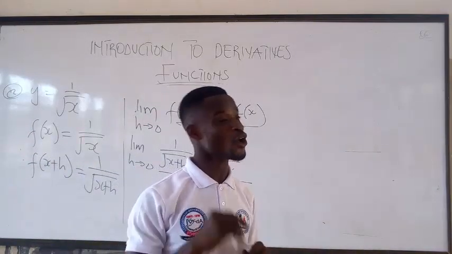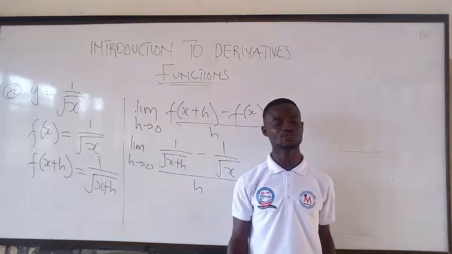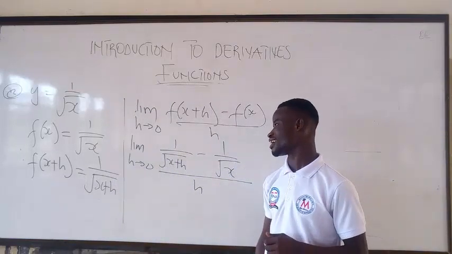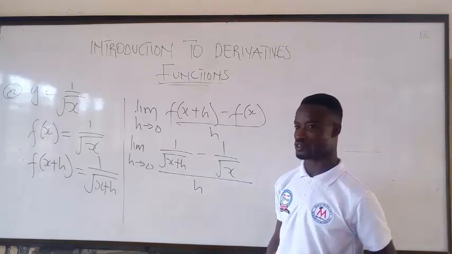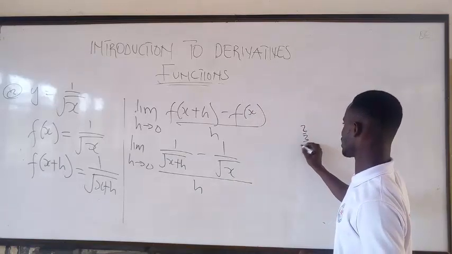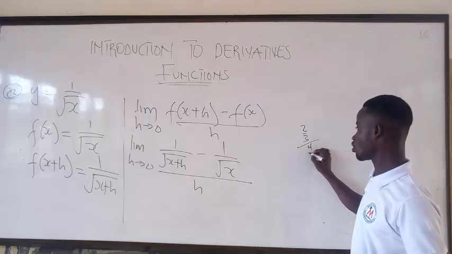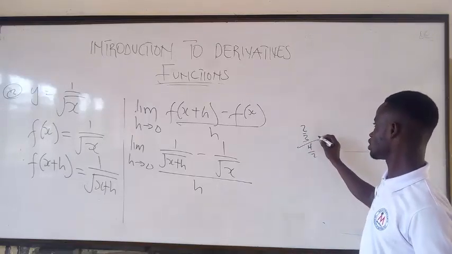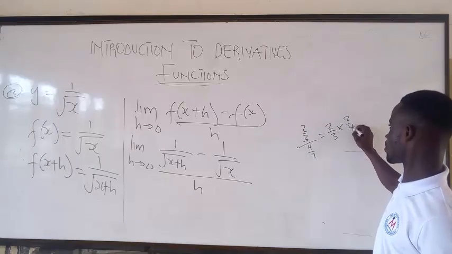Here, if your algebra is not strong, you can get it wrong. I'm going to do something, but don't be confused. You know, if you have 2 over 3 over, let's say, 4 over 2, this is the same as 2 over 3 times 2 over 4.